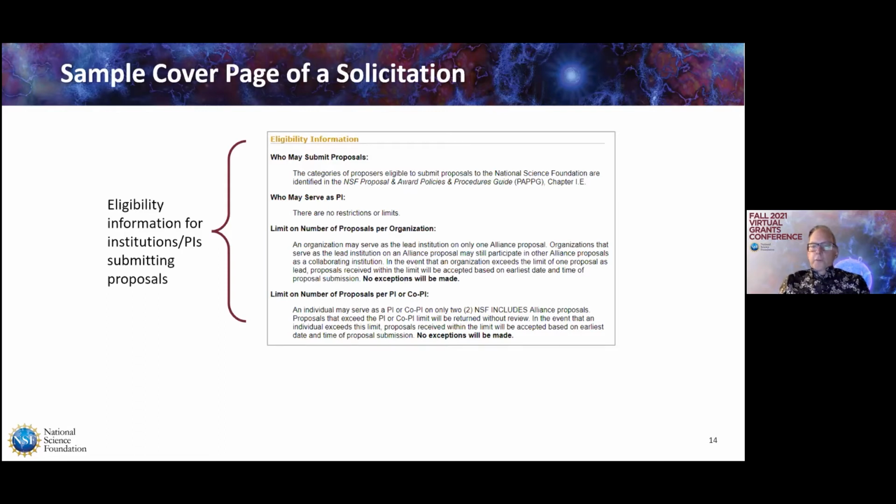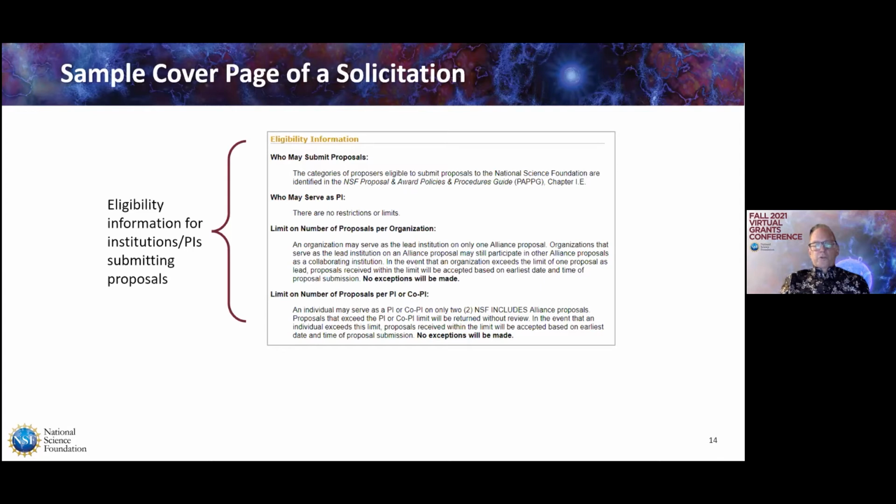The limit on the number per organization, many solicitations don't have any limit per institution, but some do. One of my major responsibilities is the Major Research Instrumentation Program, and there is a submission limit per organization for that particular program, where an organization may submit only 3 proposals with certain categorizations. In that case, the organization has to do an internal competition to determine which PIs are going to be able to submit a proposal.